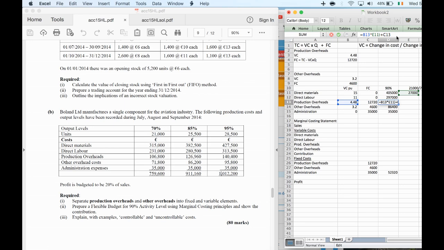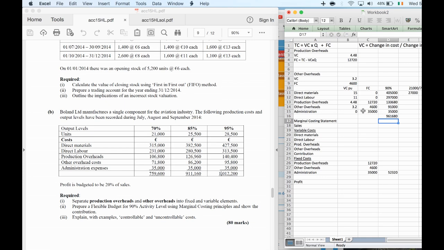I'll do my variable cost bit first, and then I'll do my fixed cost bit. I'll do the same thing for my other overheads. So this is my variable cost, and then I'm going to add to that my fixed cost, which is 4,600. So when I add these together, that will give me the total cost at 90%.